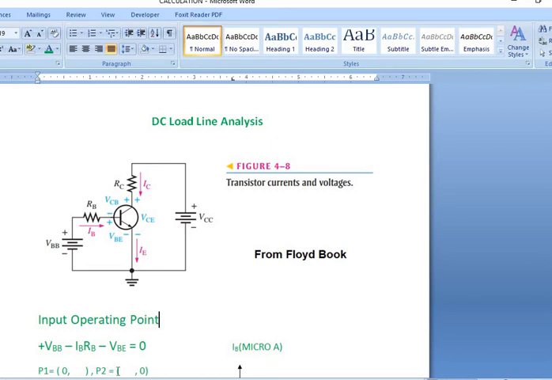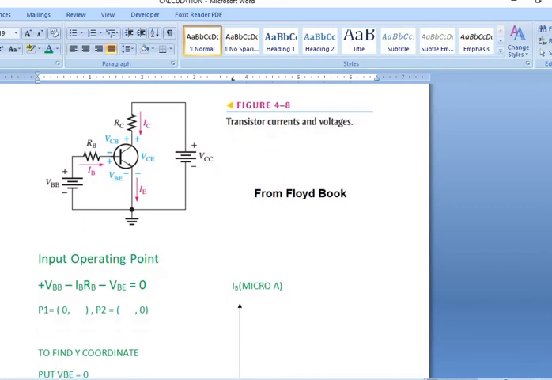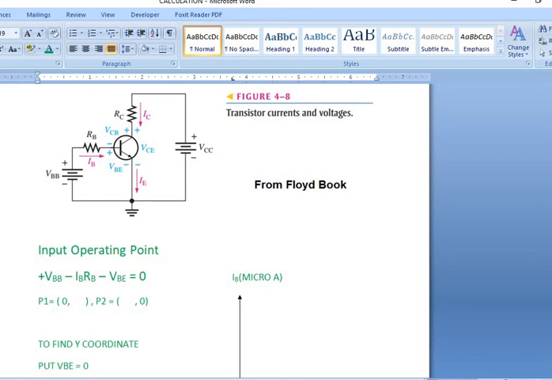In the second case, we are given the y coordinate and the x coordinate is to be found. To find the y coordinate, that is in fact the IB, we are assuming that this VBE is 0.